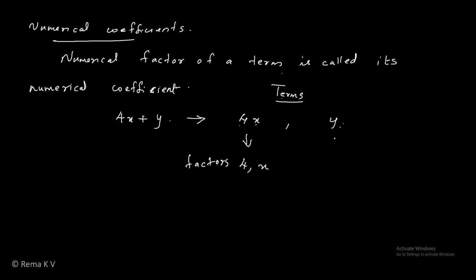Which are the factors of this y? y, we can write it as 1 and y. Okay, so see now, this is an expression. It contains two terms. The two terms are 4x and y. 4x, the first term has two factors. The factors are 4 and x. The second term is y. It has the factors 1 and y. Is it clear?